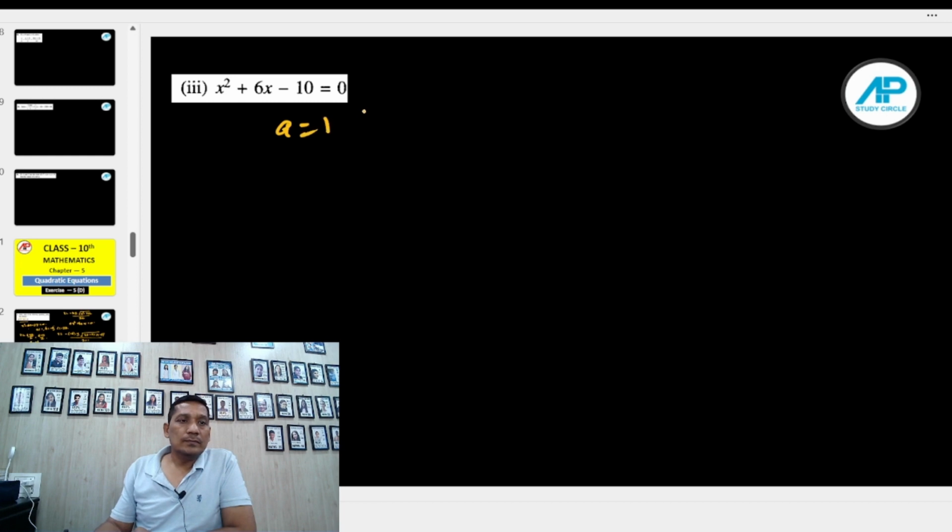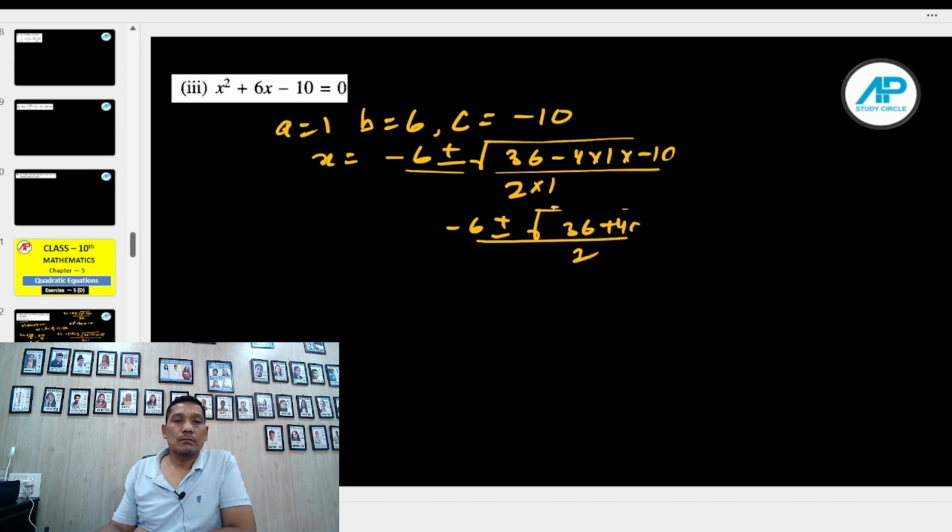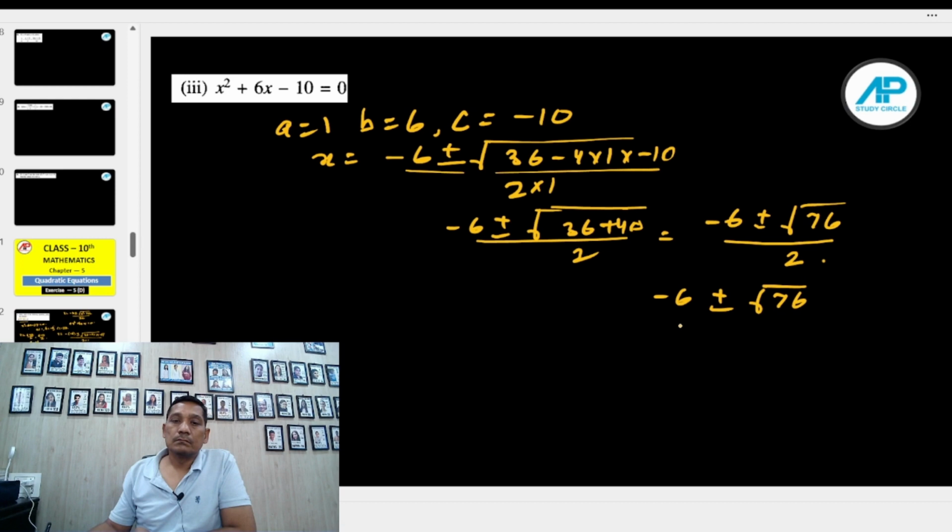a equals to 1. So here, this number 76 is not a perfect square.